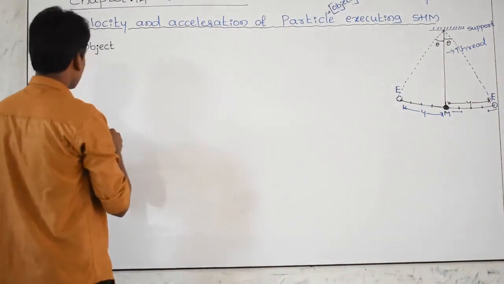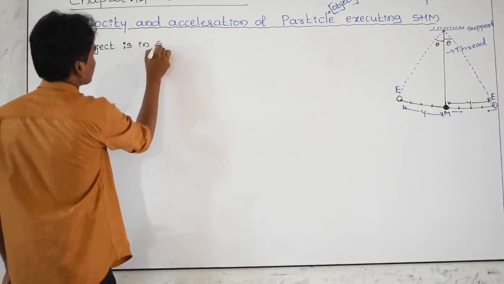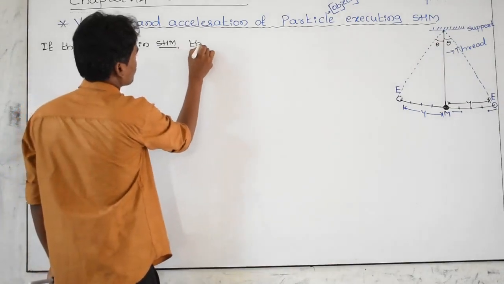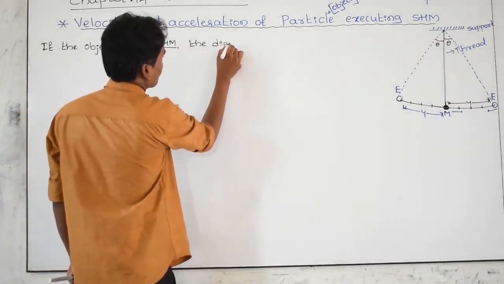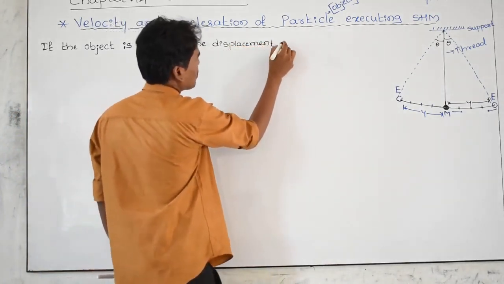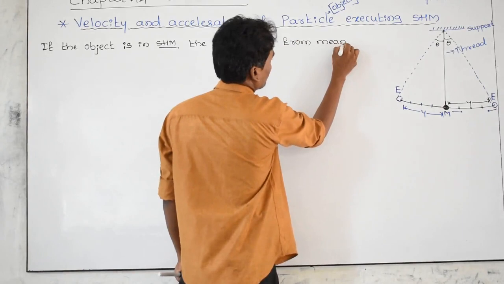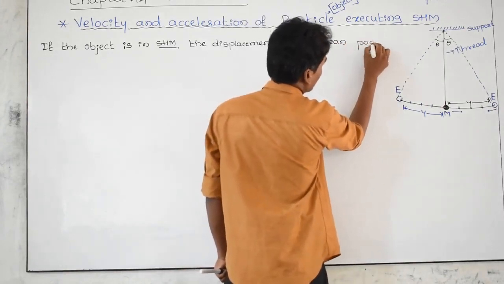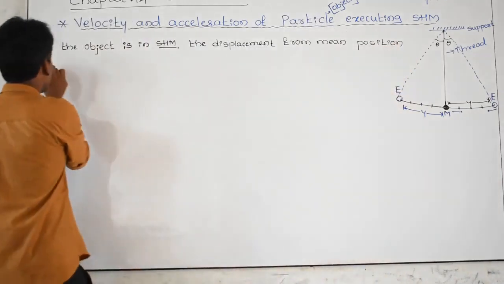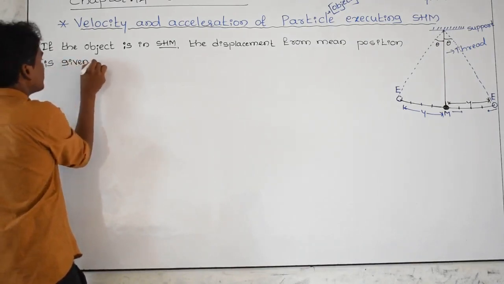If the object is in simple harmonic motion, SHM, the displacement from the mean position is given by which formula?